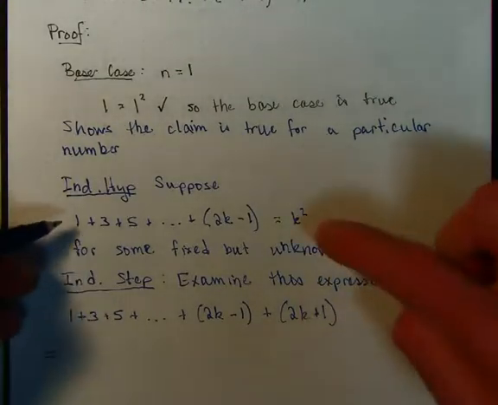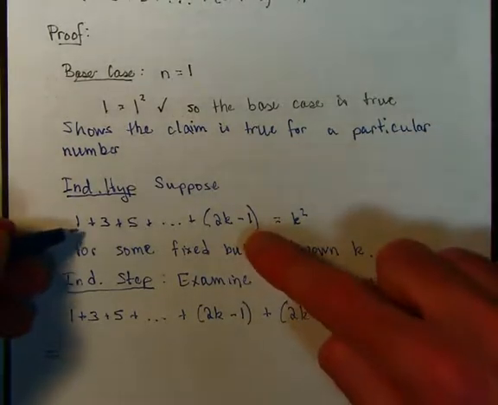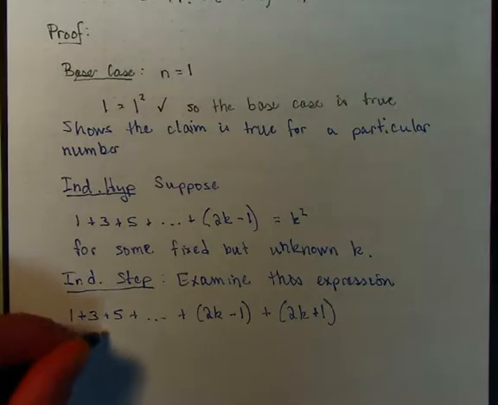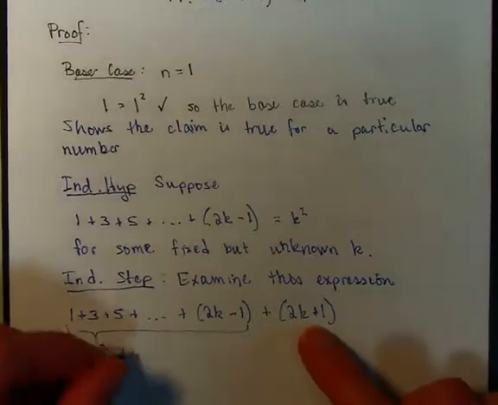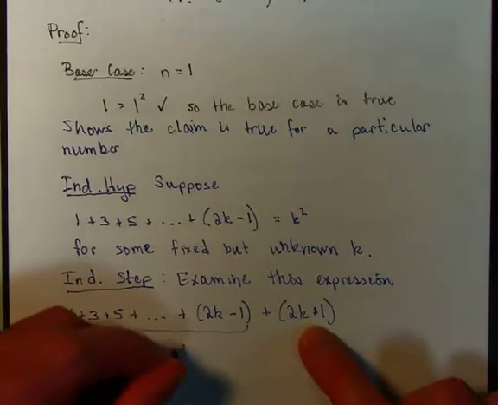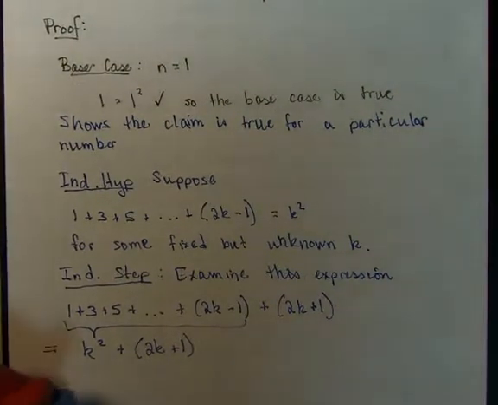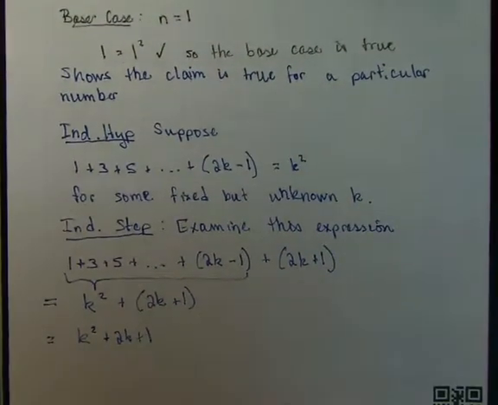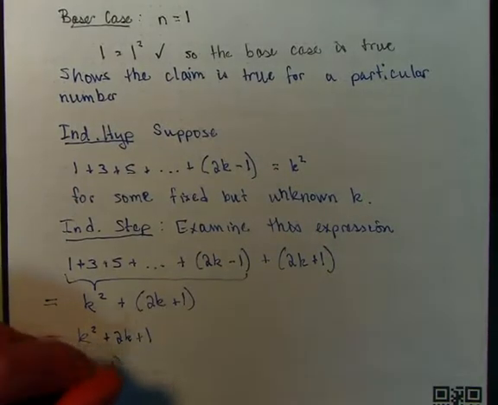This equality says that whenever I have the sum of odd numbers up to this one, I can replace that with k squared. So this first bunch of terms can be replaced by k squared. Now I can't do anything with the rest yet, it's just hanging around. But of course I do know from algebra that this trinomial can be factored. That is equal to k plus 1 quantity squared.